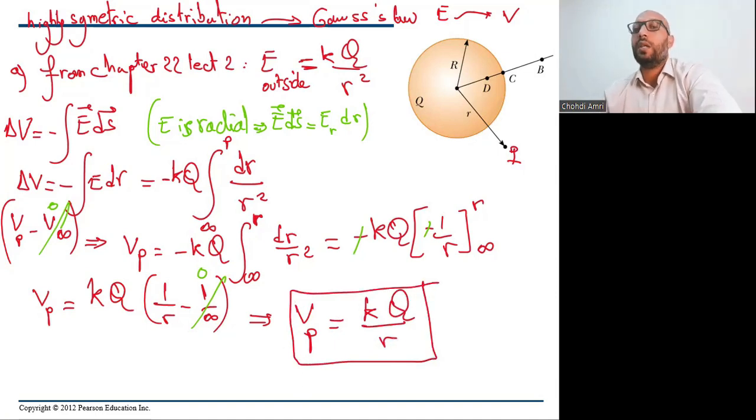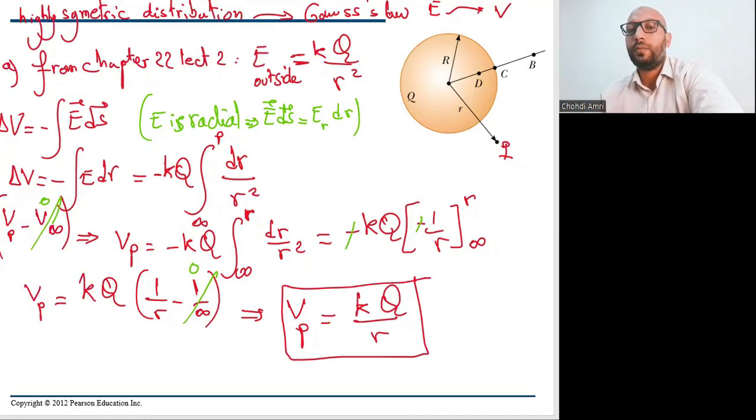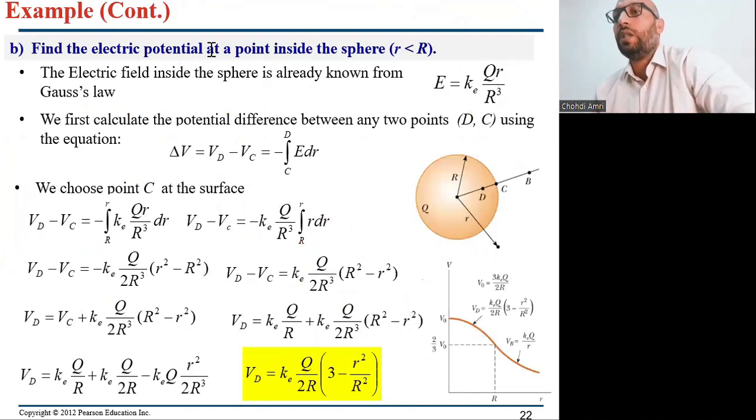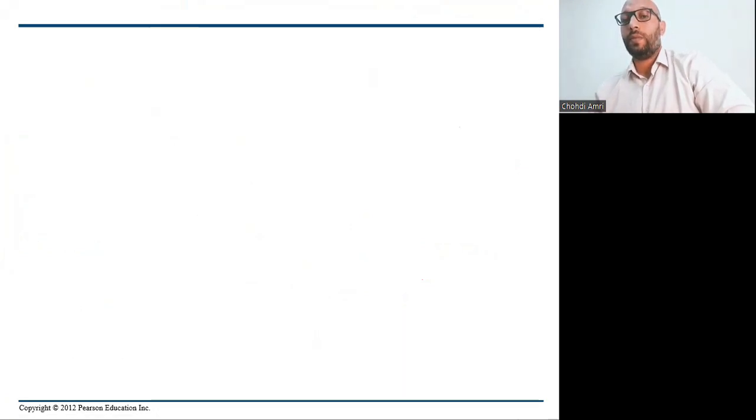Okay. Second question. They said find the electric potential at the point inside the sphere. What do we have?